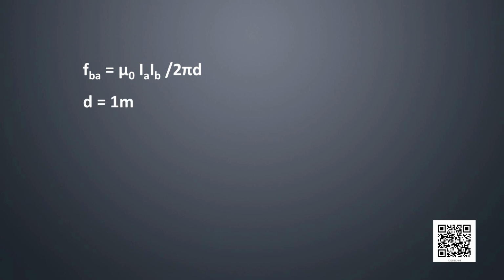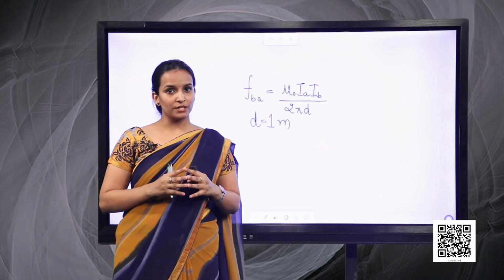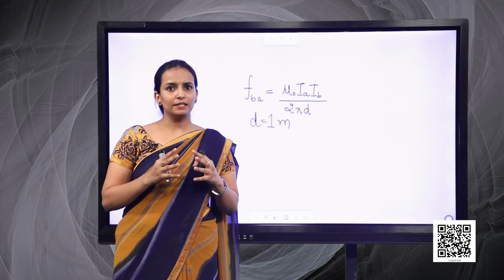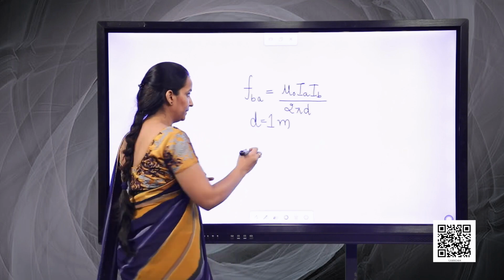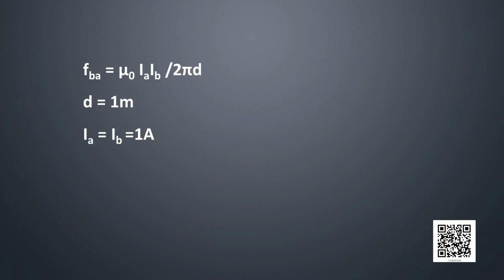When D is equal to 1 meter, and on substituting the value of mu naught and taking current through the conductors as 1 ampere, that is IA equals IB equals 1 ampere, I will get force on B due to A per unit length equal to mu naught, which is 4 pi multiplied by 10 raised to the power minus 7, multiplied by 1 ampere, 1 ampere, divided by 2 pi, 1 meter.